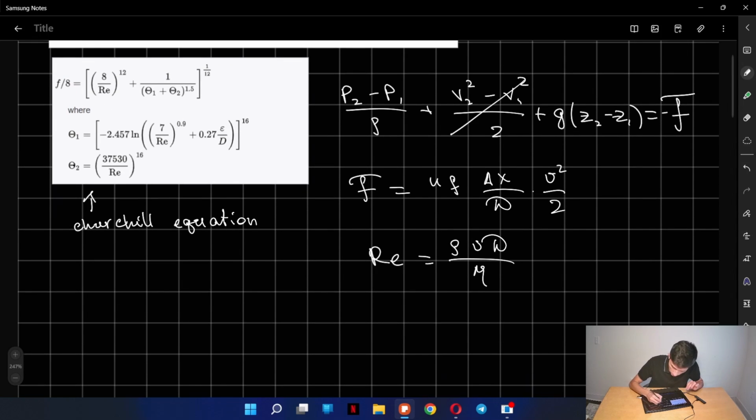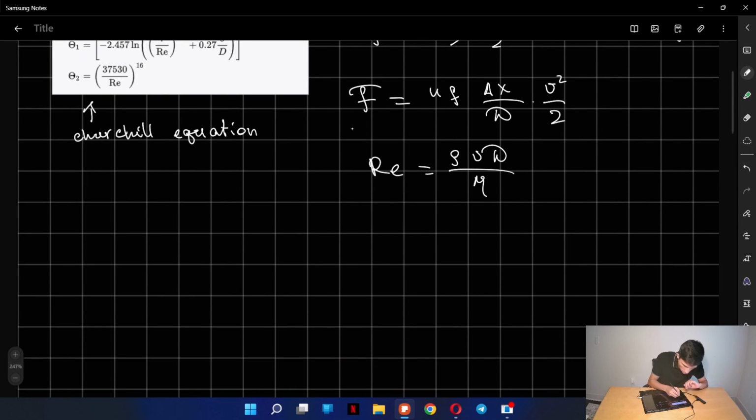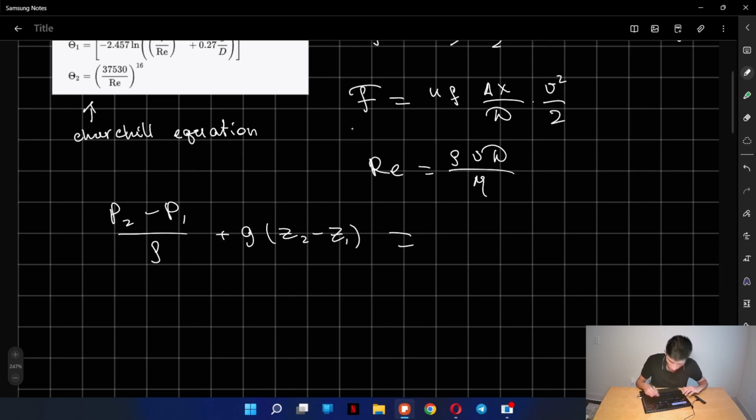This means this term is going to go to 0. I'm going to write my Bernoulli equation again, and for the right hand side, I'm going to write down my frictional heating equation, which is 4 times the Fanning friction factor times the length of the pipe over the diameter multiplied by the velocity squared over 2.